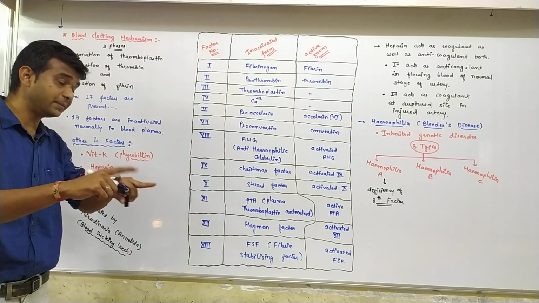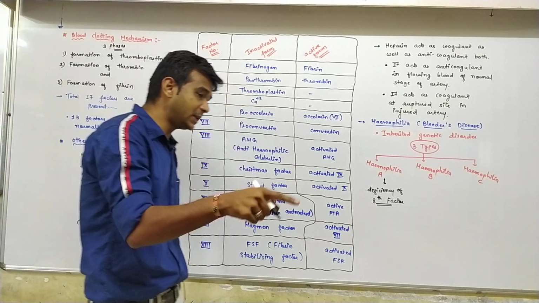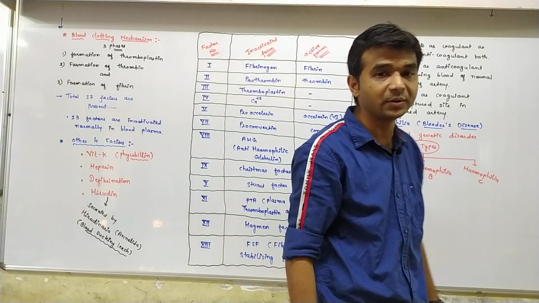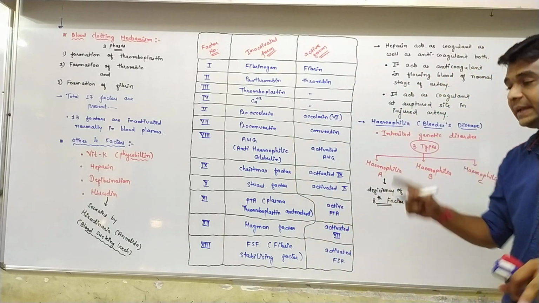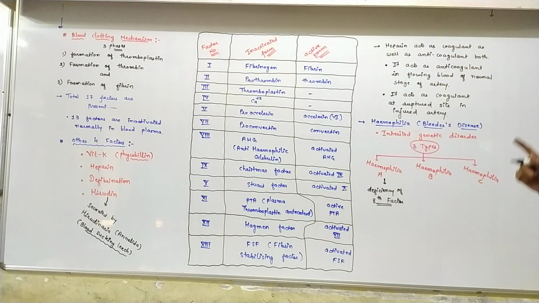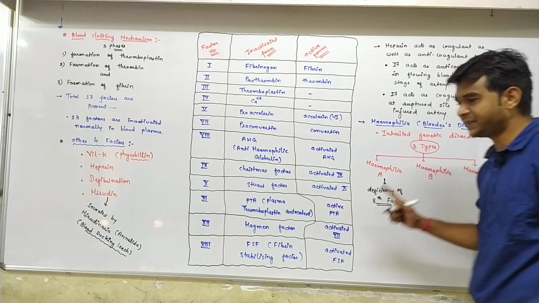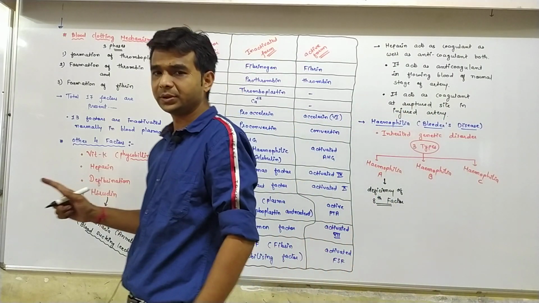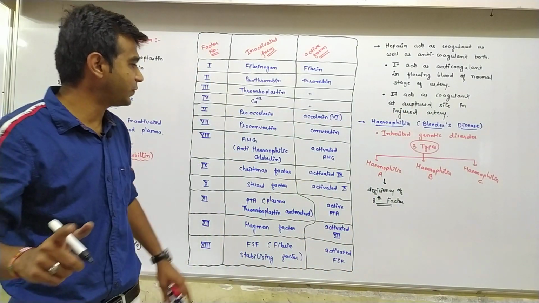This anti-hemophilic globulin prevents hemophilia inside our body. I mean to say, it promotes normal blood clotting time. If the person has deficiency of the 8th factor, that is known as hemophilia A.